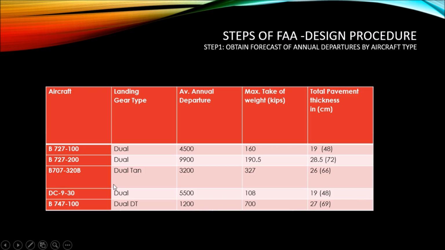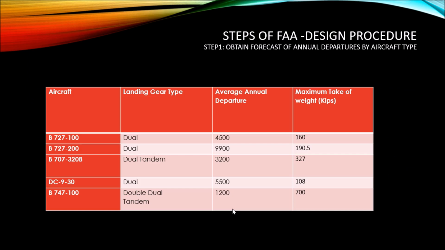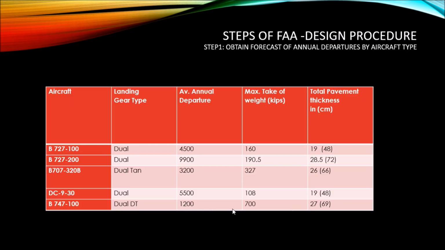Then the third aircraft is of dual tandem type. We note the annual departure, which is 3,200, and the maximum takeoff weight of 327,000. Let's see if it is correct on the table. They said it's 26. We'll go back again and verify. So we have 3,200 and 327.